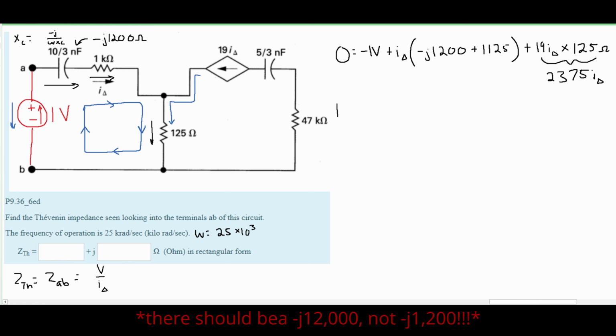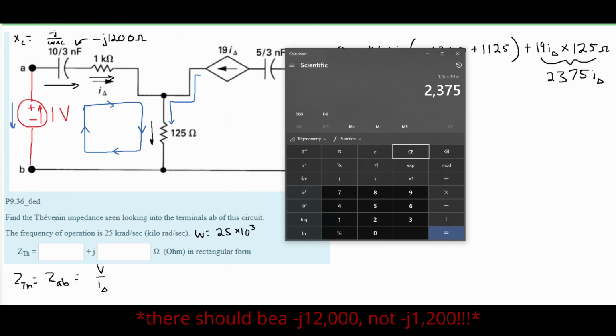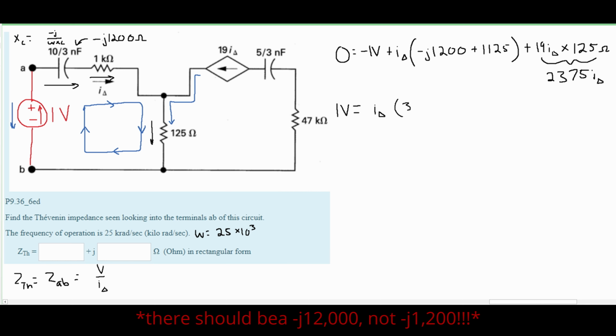We're going to move the 1 volt to the left, and this is equal to our I delta times 2375 plus our other constant, which is 1125, and this is going to give us 3500 minus j 1200. Now we can find our I delta by having 1 volt, and underneath this 3500 minus j 1200, and that's equal to our I delta.